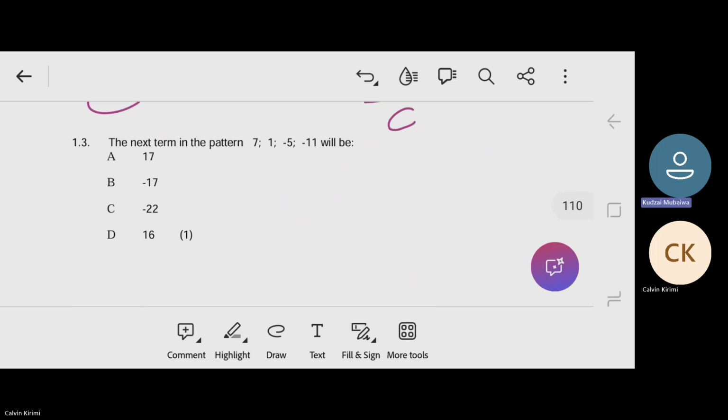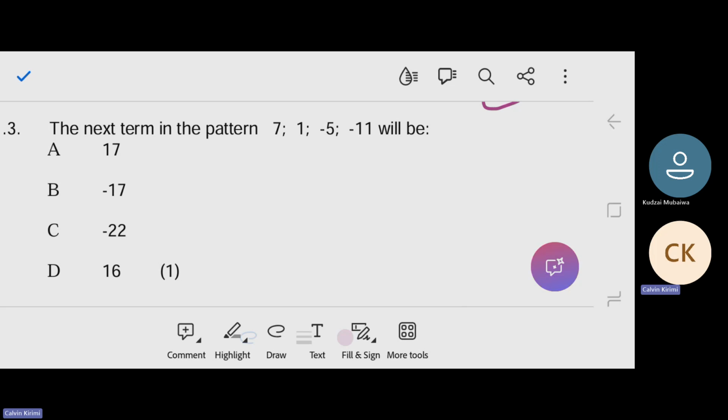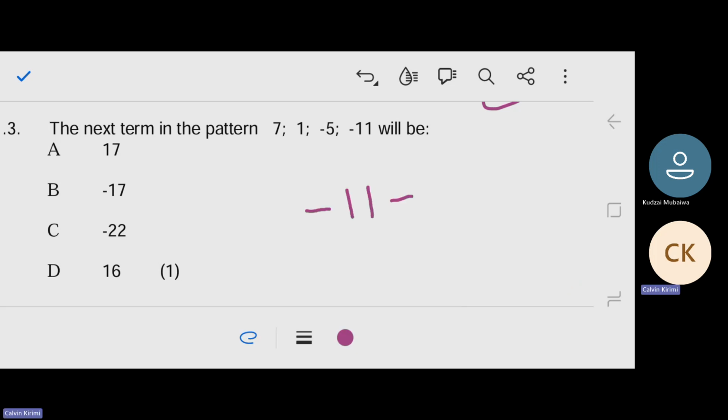They are subtracting 6. What is the answer? Negative 17. So minus 11 minus 6 equals negative 17.